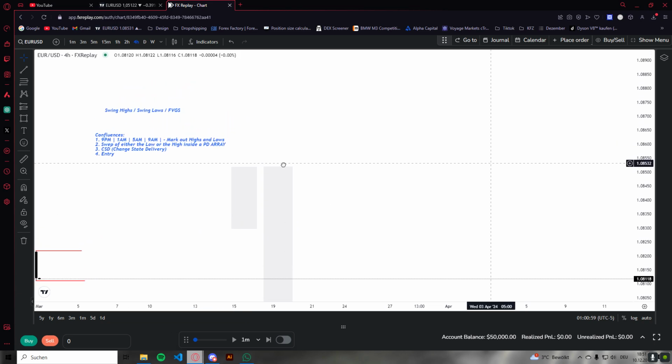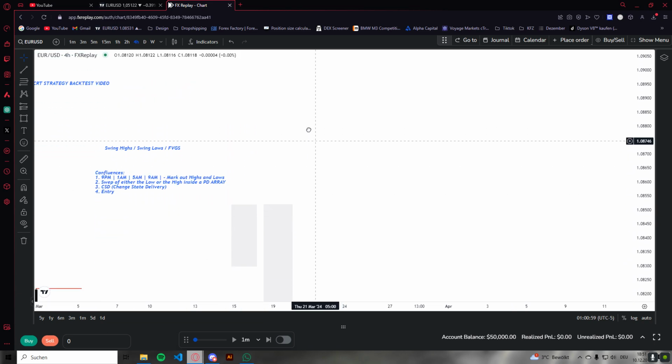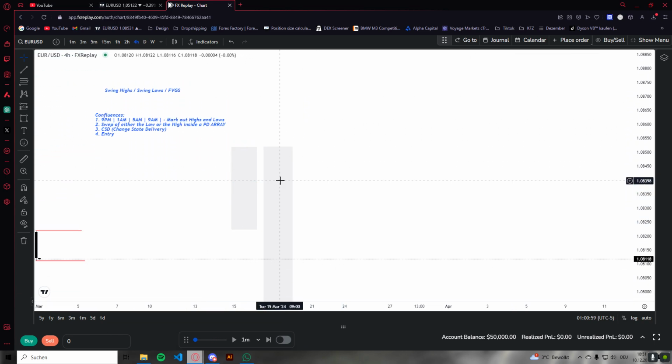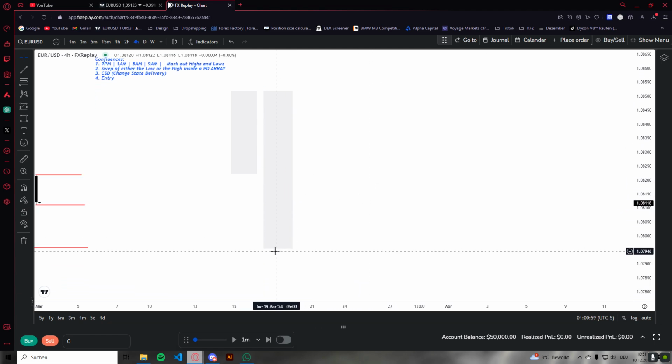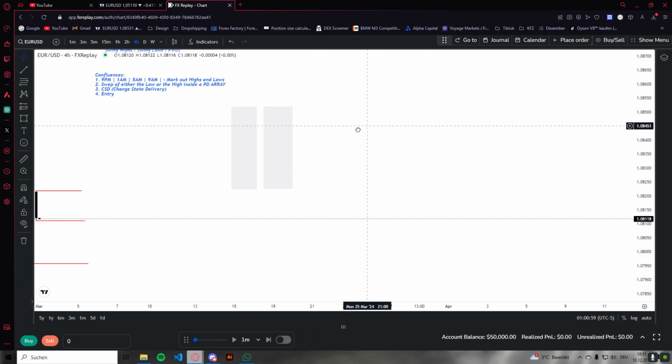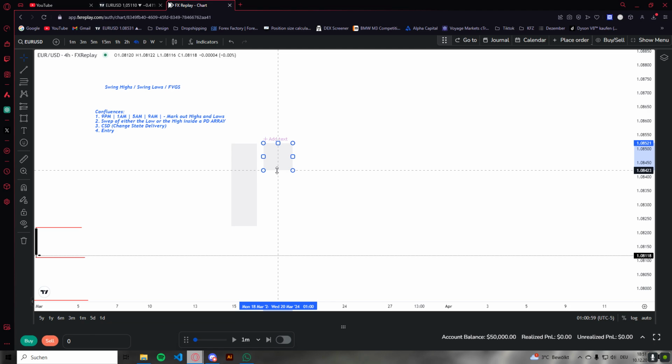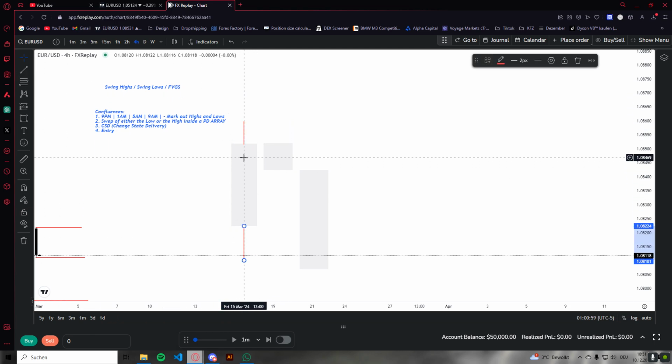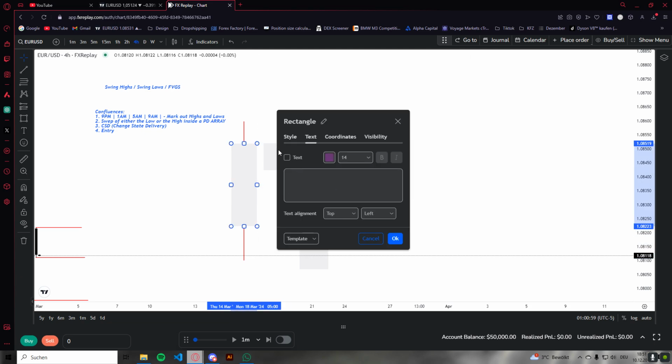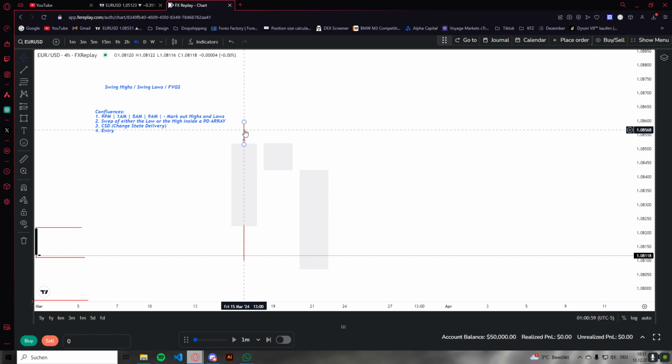Because we have 3 candles in CRT. Let me drag it out for you. So we have the first candle, we have the second candle, and we have the third one. So that's the first one, usually accumulation. So you can write here an A, accumulation.